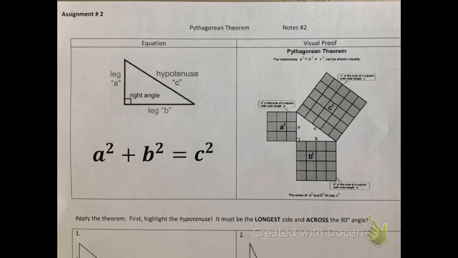So in this equation, you could choose either leg as denoted A or B. It doesn't matter which one you choose, because in the equation, you're just going to be adding those numbers together anyway after you square them.